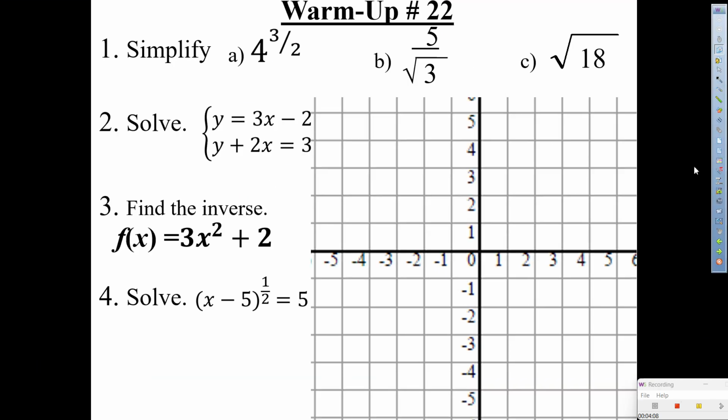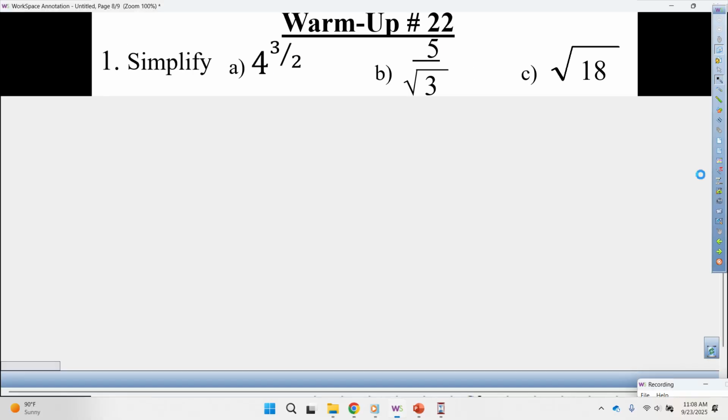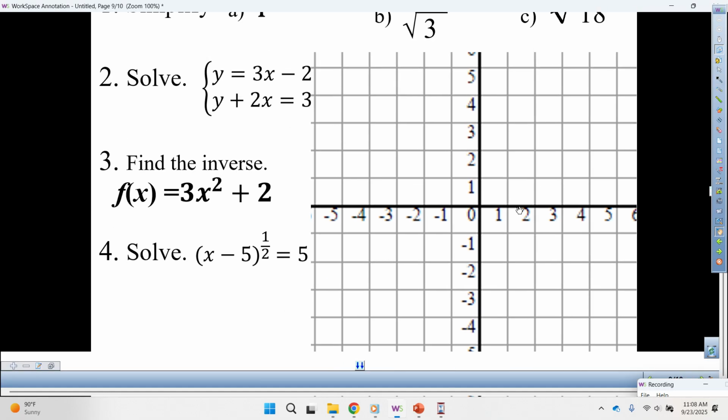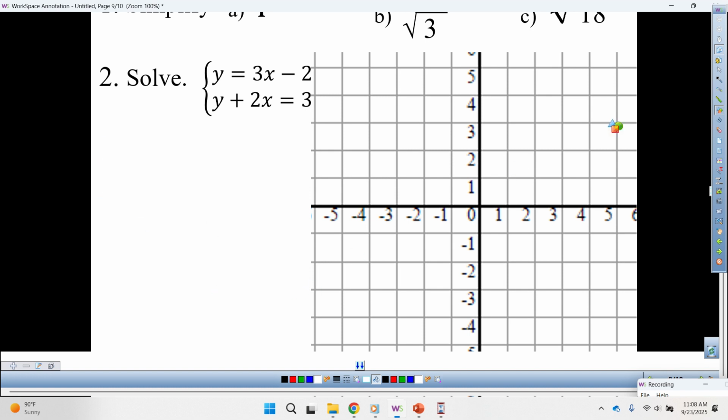Let's go to number 2. For this one, let me get these out of the way. For this one, remember, it needs to be in this form. Y equals mx plus b. Is that correct?